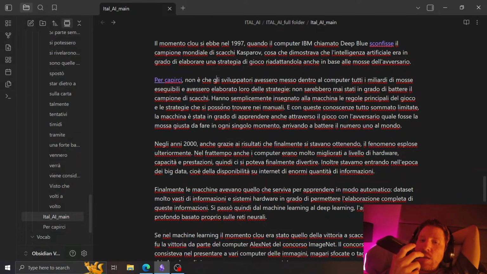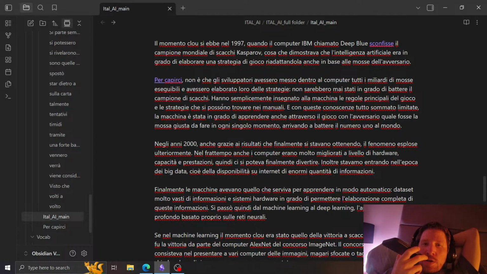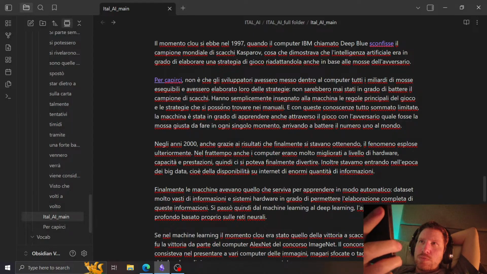Does that mean in English, hold on, meaning that it demonstrated that artificial intelligence was capable of elaborating a strategy of the game, readapting also based on the moves of the opponent. Sì, esattamente. Hai colto perfettamente il senso. Dimostrava che l'IA riusciva a elaborare strategie e a riadattarle in base alle mosse dell'avversario.